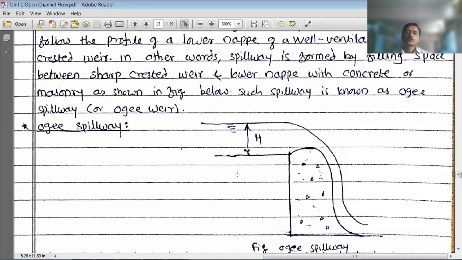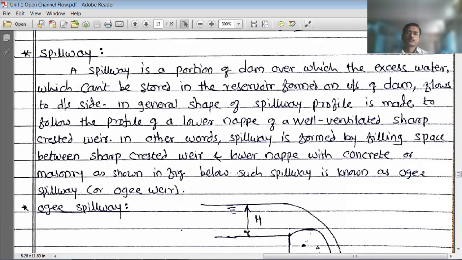Let us write down the title spillway, and write down the definition.